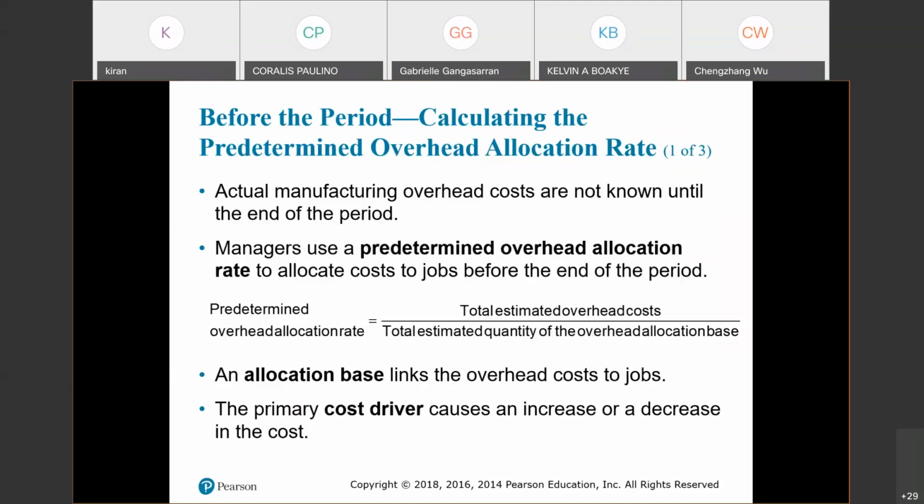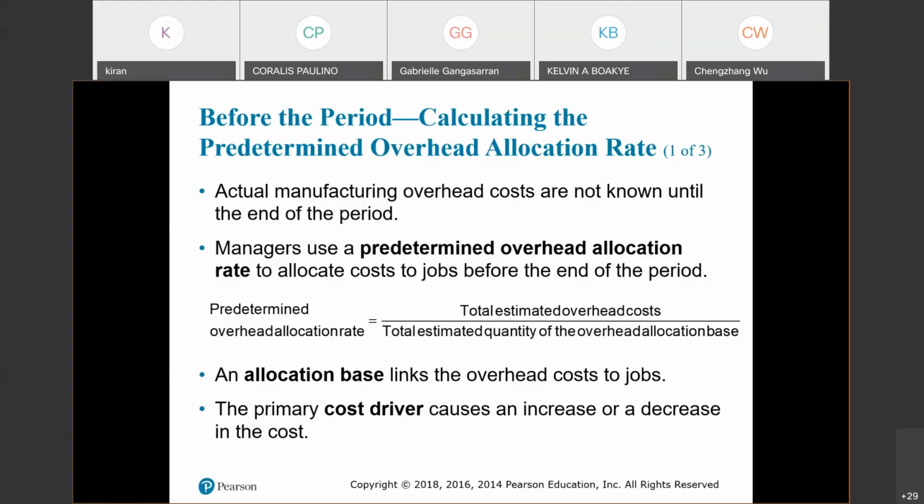Okay, first of all, before the period, we need to calculate the predetermined overhead allocation rate. Well, as you know, the most accurate allocation can be made only when total overhead costs are known, and that is not until the end of the period.